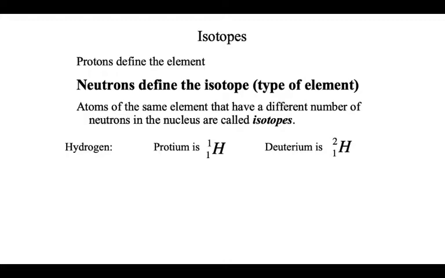What happens when I move to deuterium? I have a proton and a neutron. How many particles was that? 2. Deuterium, representing the 2 particles.